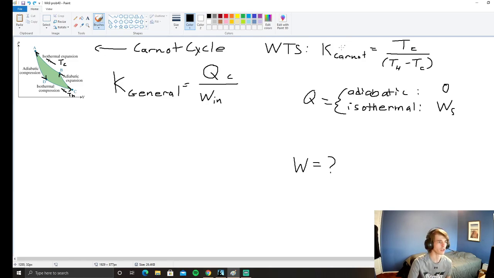So remember, we want to show that K Carnot is equal to Tc over Th minus Tc. In the general form, we know that K is equal to Qc over the work in.